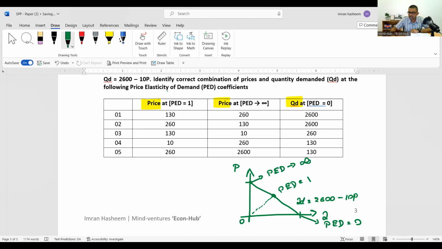This basic information we know. What are they asking? They're asking us to estimate the price at which PED becomes 1. So they want to know what is the price here. Yes, the midpoint price.